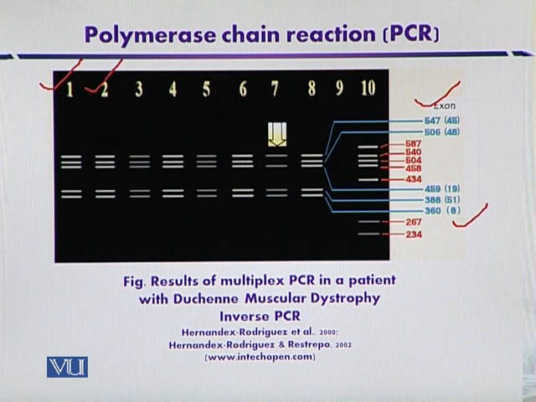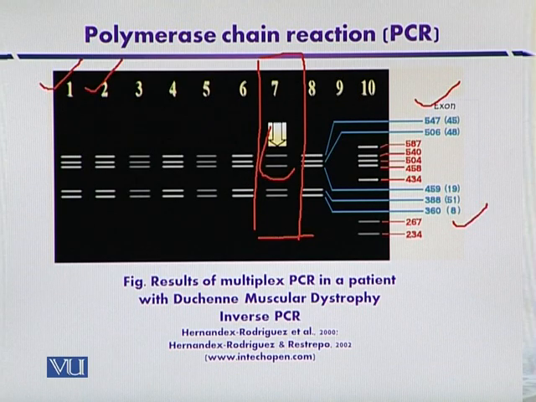This is from another individual, and here in lane 7 we can note that the middle band is absent, which corresponds to exon 48. Exon 48 is the one mainly responsible here, and it is absent because of the mutation, and this resulted in Duchenne muscular dystrophy.